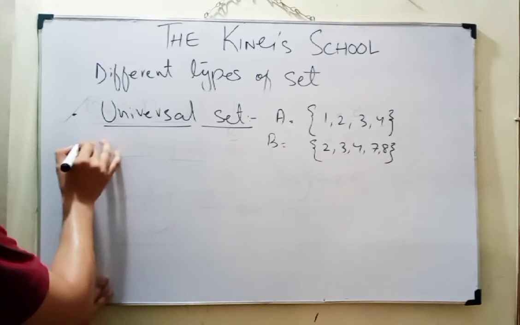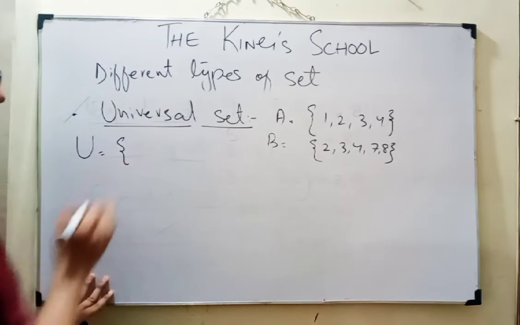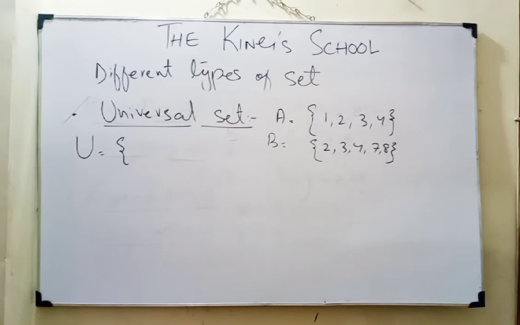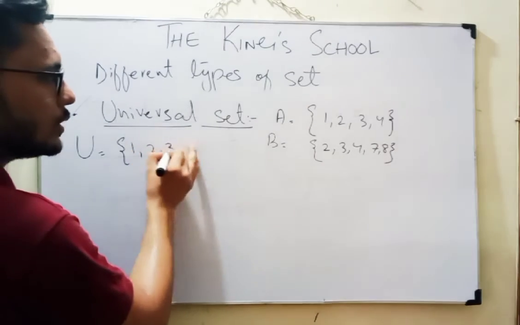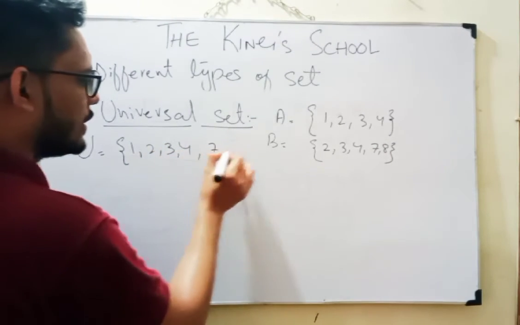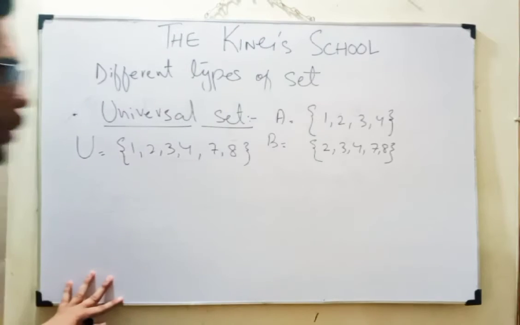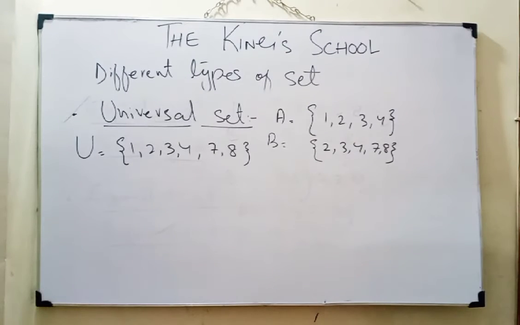So the universal set has all the elements. For example, it will contain 1, 2, 3, 4, 7 and 8, all the elements. It is the biggest set. That's why we call it the universal set.